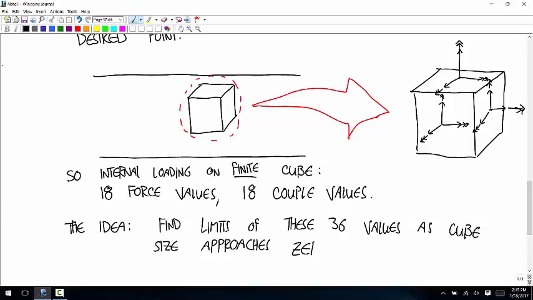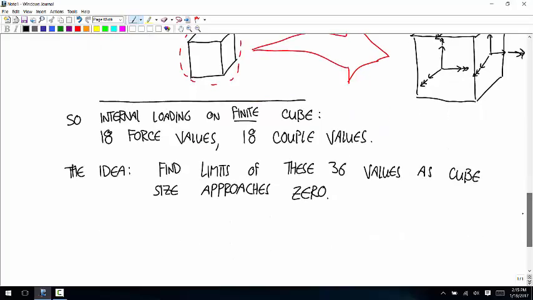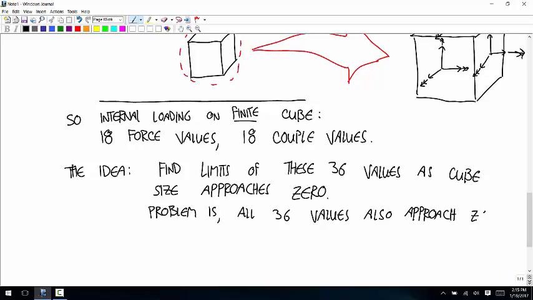We're going to have to modify things a little bit, though, because as the cube size goes to 0, those forces, and therefore the couples, also approach 0. So all 36 values also approach 0 as the cube size approaches 0.